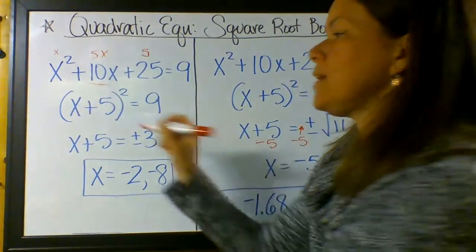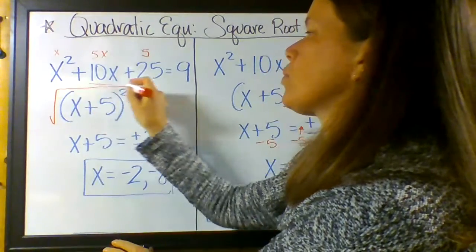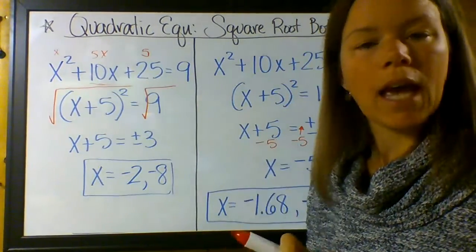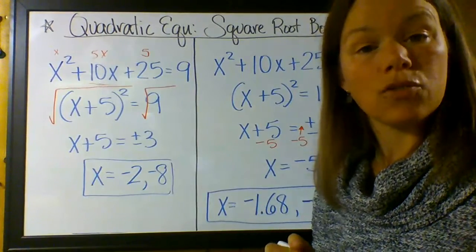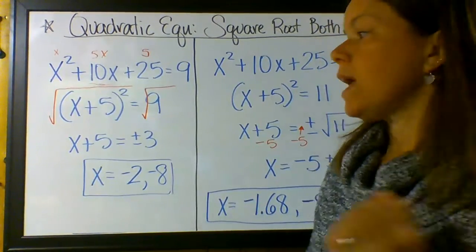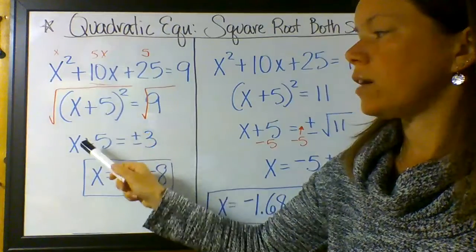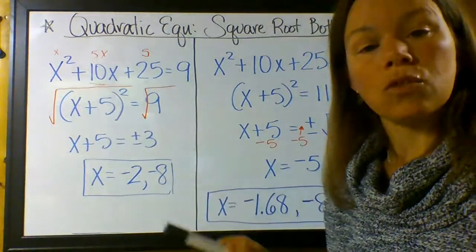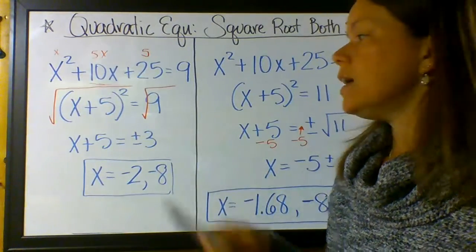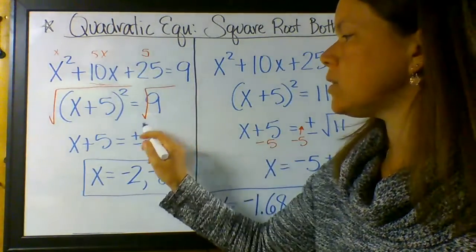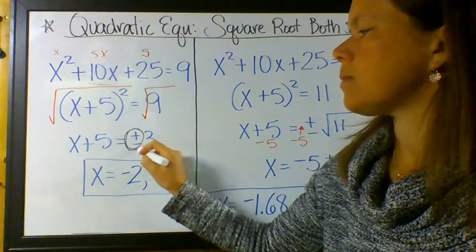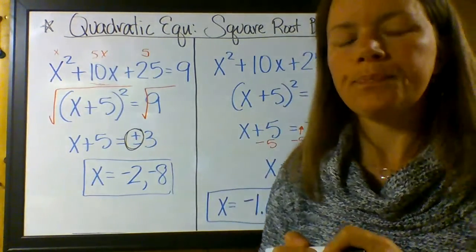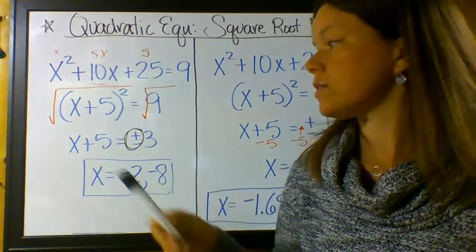All right, what that means is that I can take the square root of both sides, right? I can do this in my head. I don't need to write it, but you can write it certainly if you want to show it. And so the square root of anything squared is itself, because x plus 5 times x plus 5 equals x plus 5 squared. And then please remember to do this plus or minus thing. This is one of the key things that you need to remember to do these kind of problems.